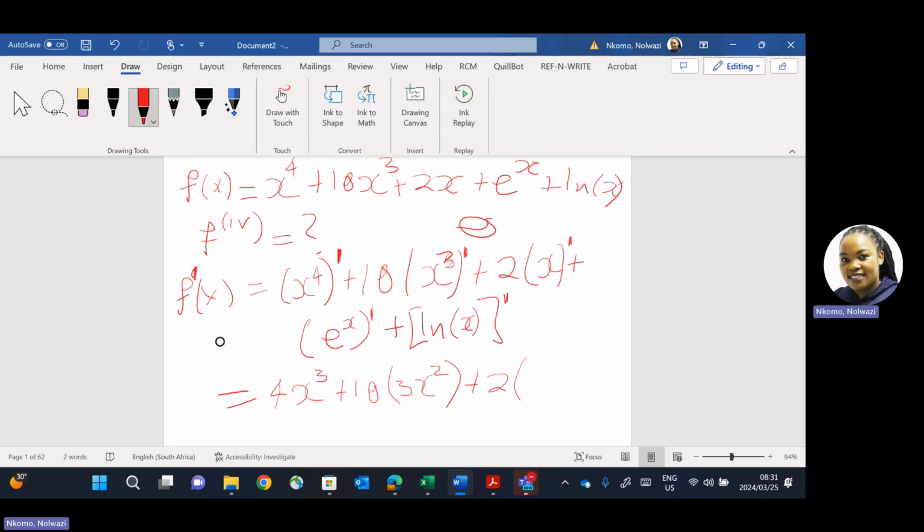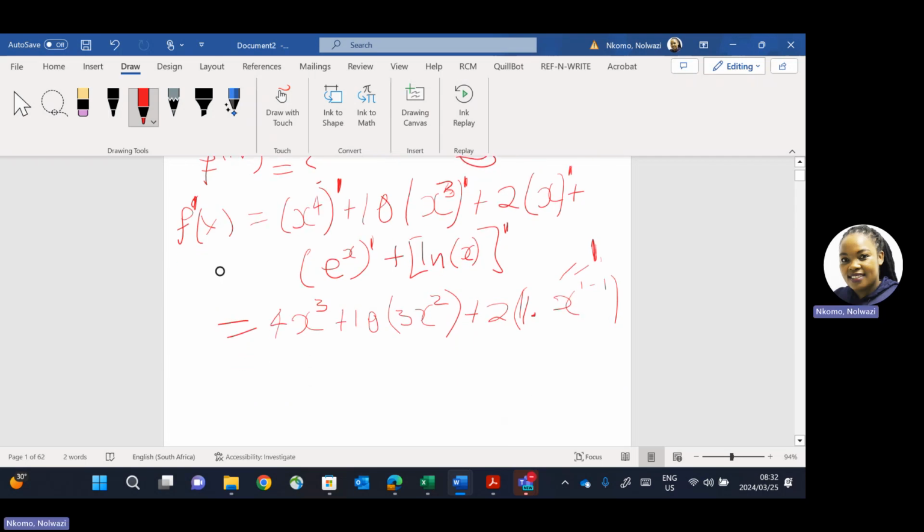Okay, let me just write everything. 1 times x to the power 1 minus 1. And you know that 1 minus 1 is 0. So we have x to the power 0. And we said x to the power 0 is equal to 1. So that means we have 1 times 1, which is 1.